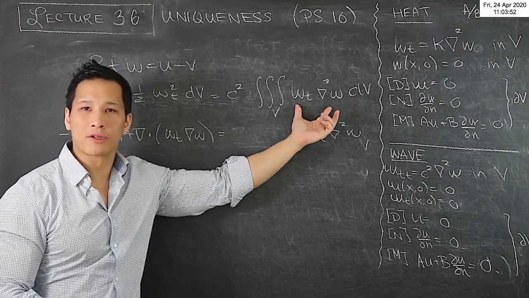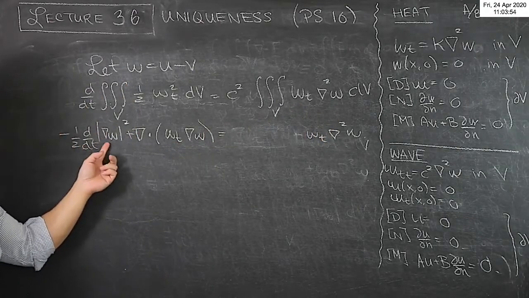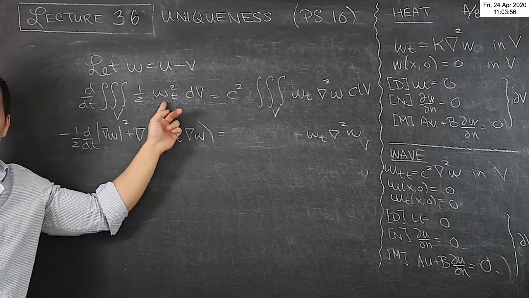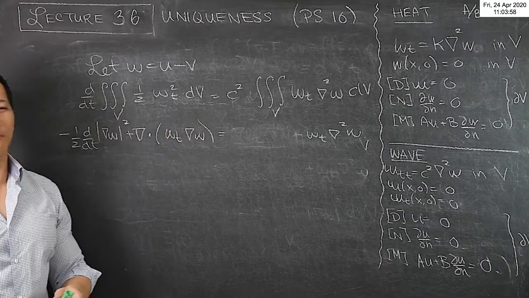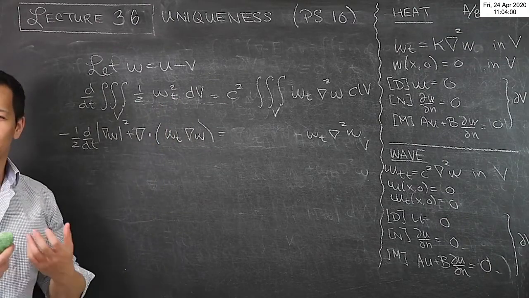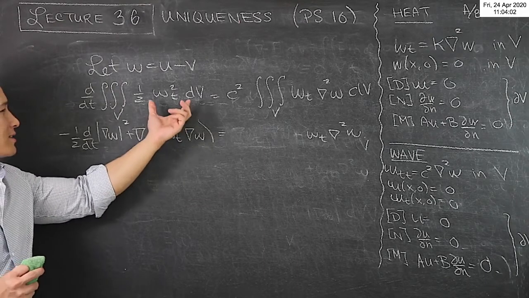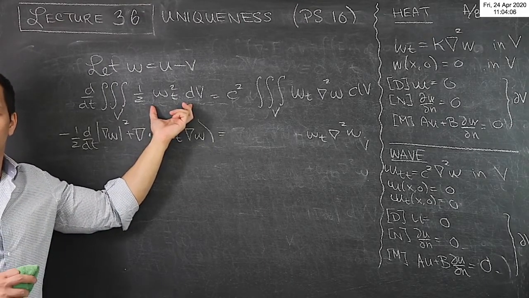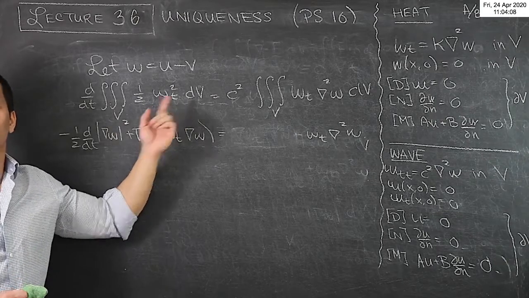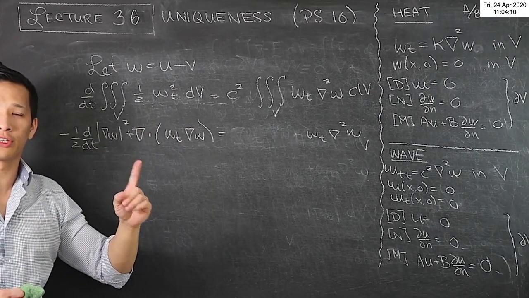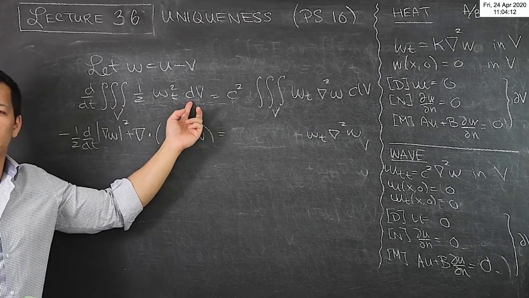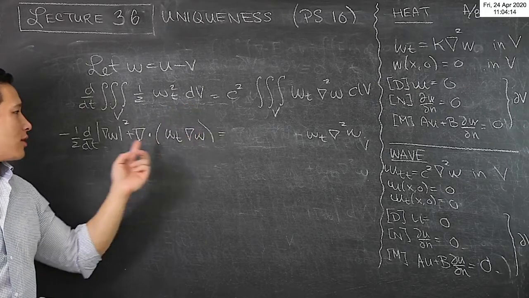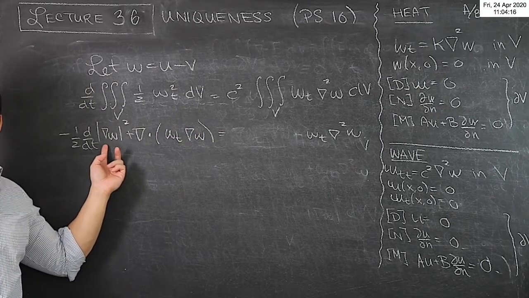And then what we're going to also do is move this negative over to the left-hand side. Once you do these problems, you sort of know what you have to do. But the basic idea is that you're going to have a kinetic energy plus a potential energy on the left-hand side. So unlike the heat flow problem where you only have one term to deal with the energy, in this case you have the sum of a kinetic energy and potential energy. So you'll have to move this over to the left-hand side.